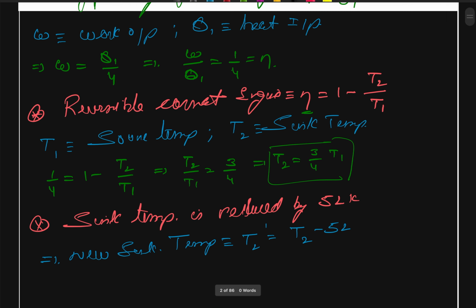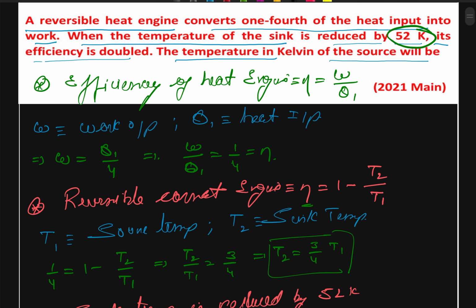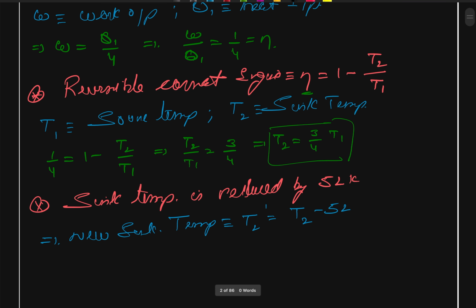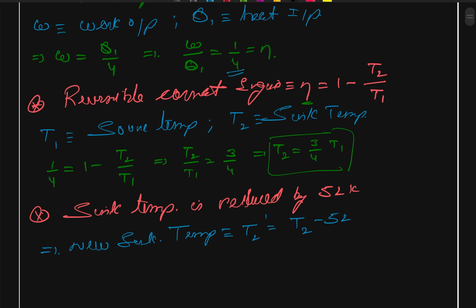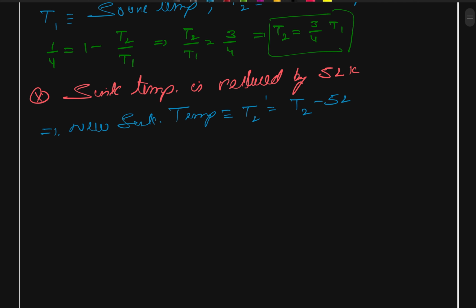It also states that our efficiency is doubled. In the first case the efficiency was 1 by 4. Therefore the new efficiency is doubled, so η prime is equal to 2 times η, which is 2 times 1 by 4, giving us 1 by 2.